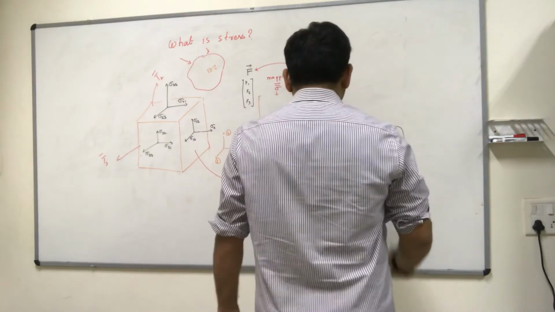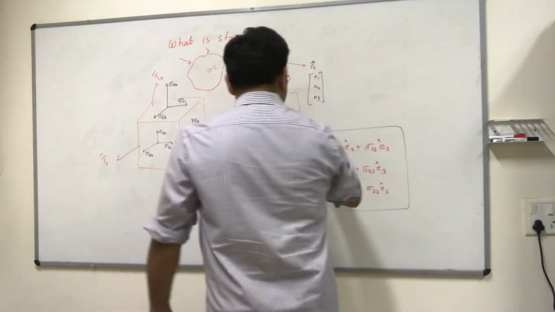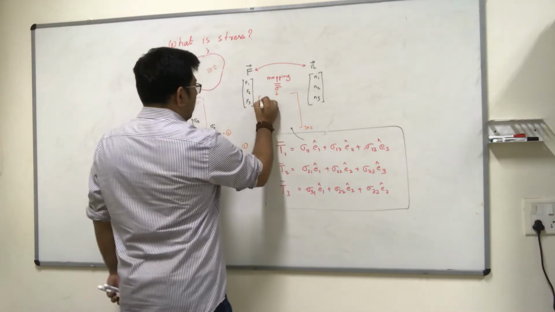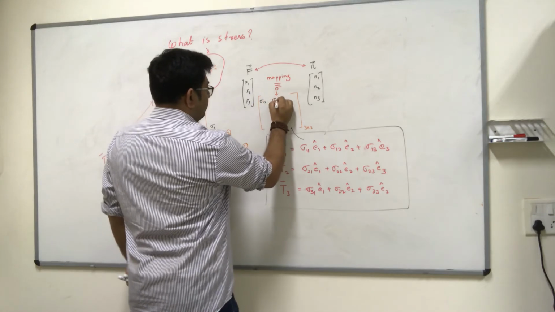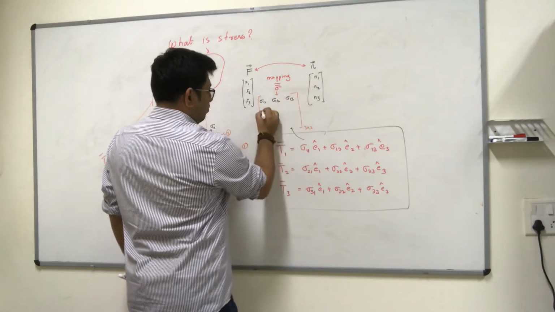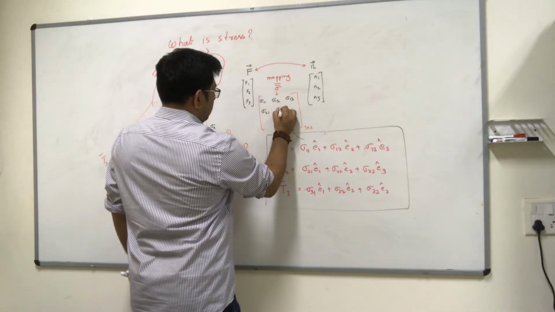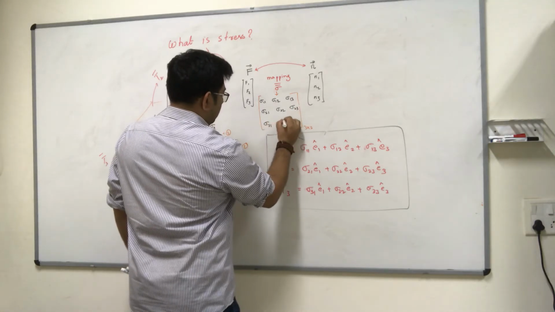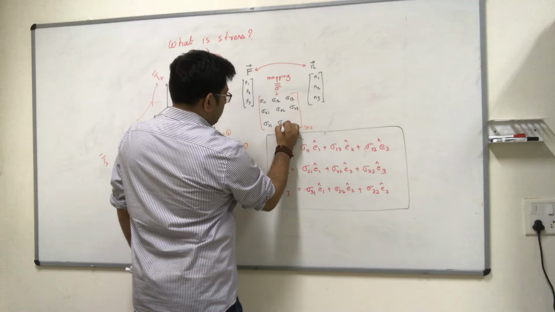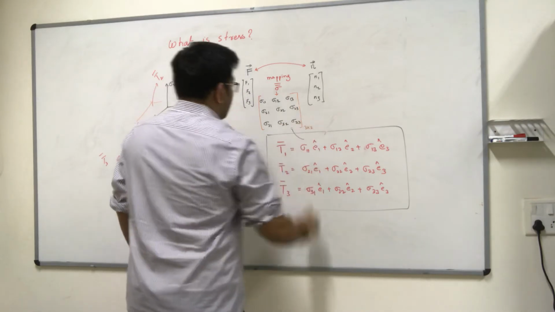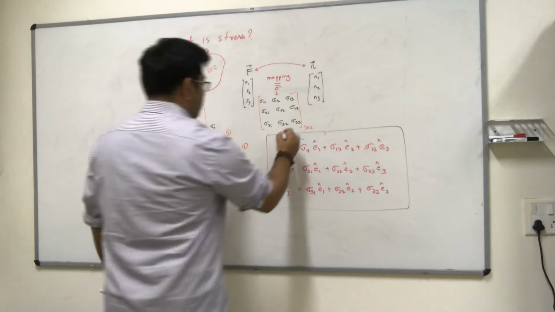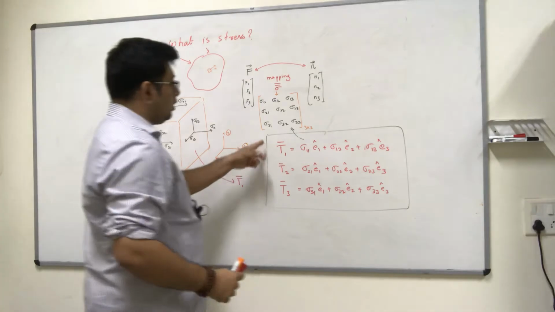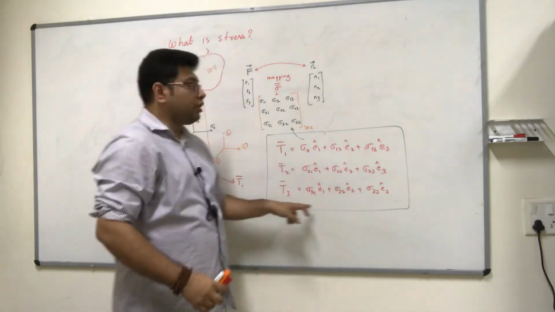And now what I will do is I will say that this set of numbers, let us call this stress. So these 9 quantities here are going to represent my stress.